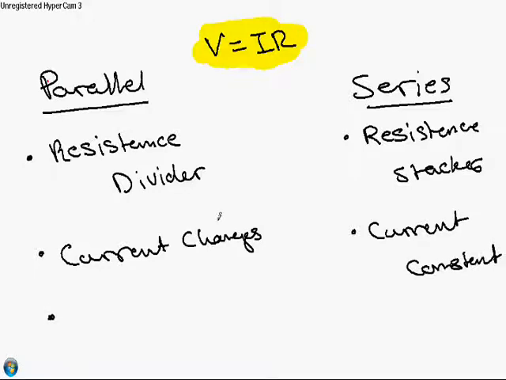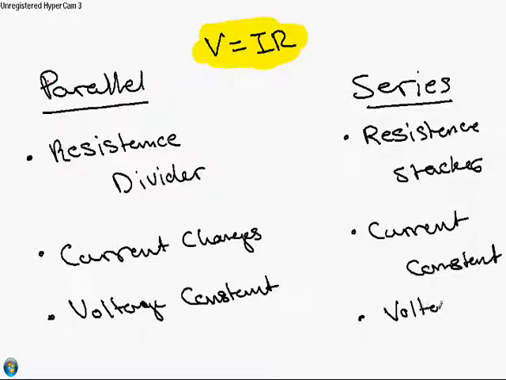And because voltage and current are interrelated, voltage is constant in parallel, whereas in series voltage changes. We're going to talk about why in just a moment.